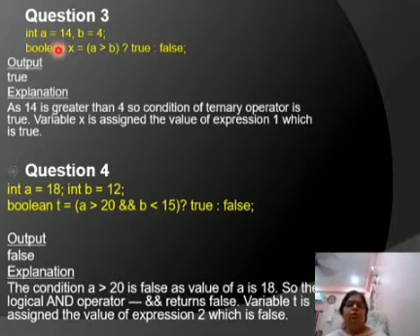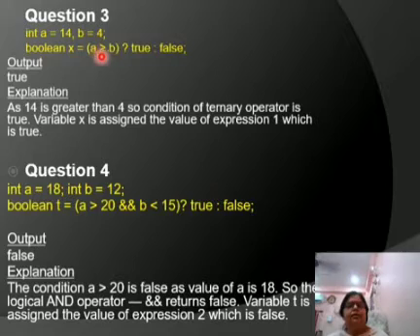Now in question number 3, it returns a data type. It can be a string, a boolean, or an int also. In this we have taken two integer values, int a is 14 and b is 4. In this boolean x, it will return a value of true or false, as you all know that boolean returns true or false.